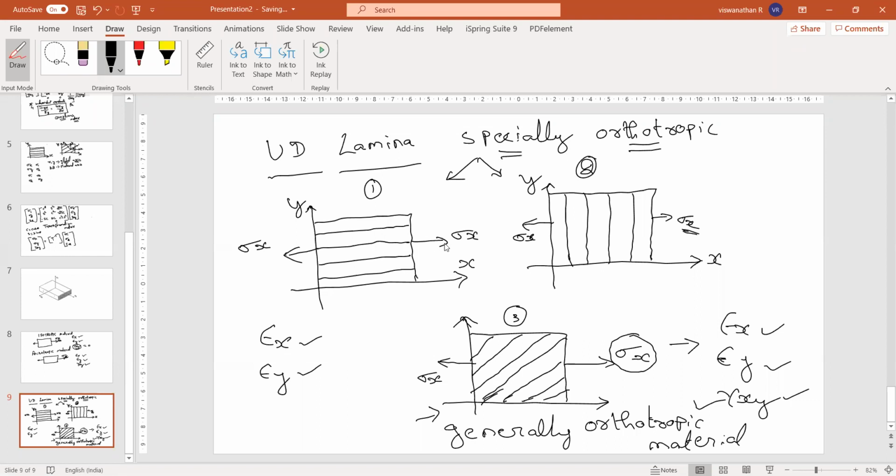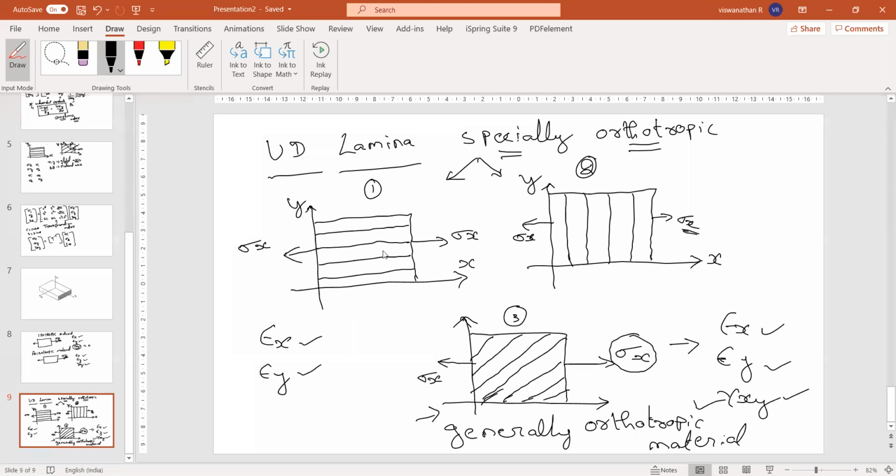Okay, when you apply extensional stress and you get extensional strain, then it is specially orthotropic. Generally orthotropic, if you apply extensional stress, you get extensional strain as well as shear strain. So what kind of behavior is this? Do these two behave like isotropic or anisotropic?